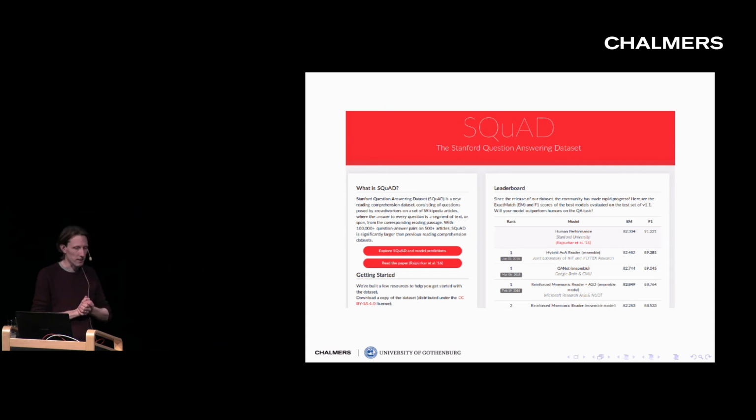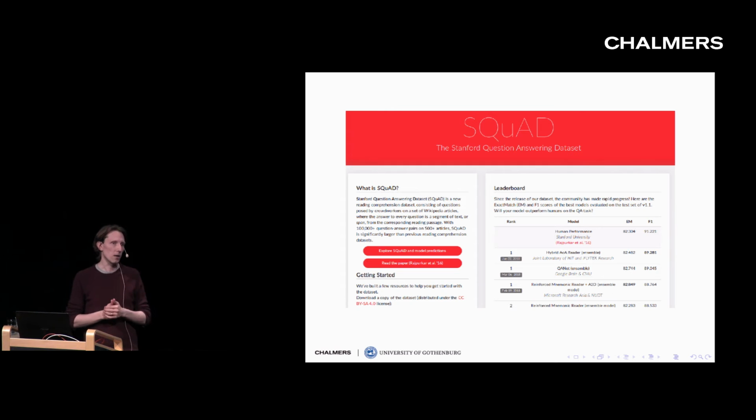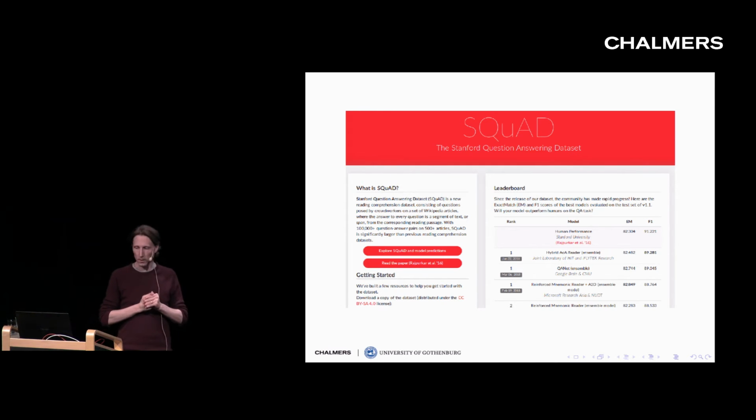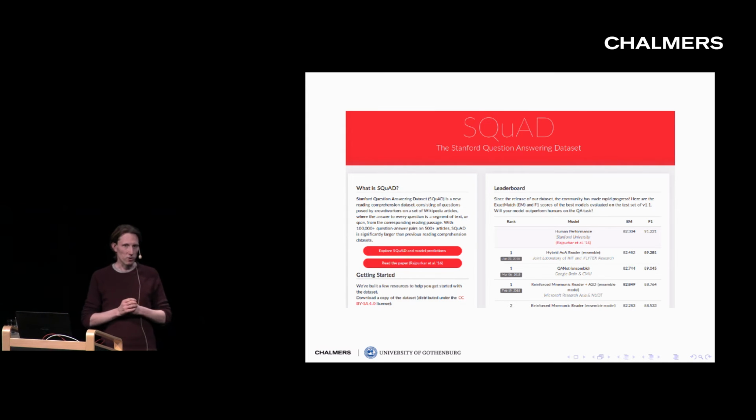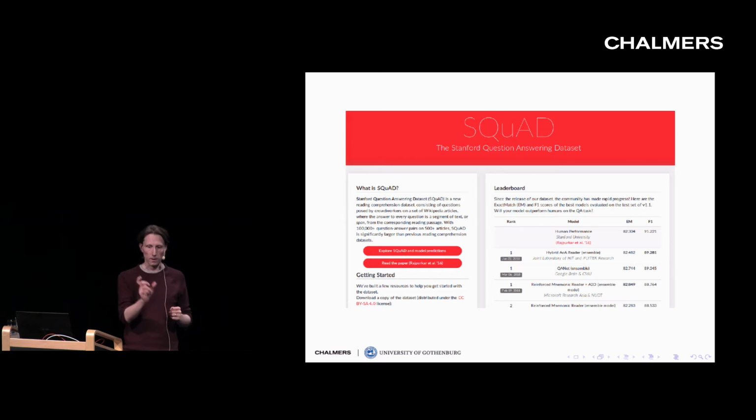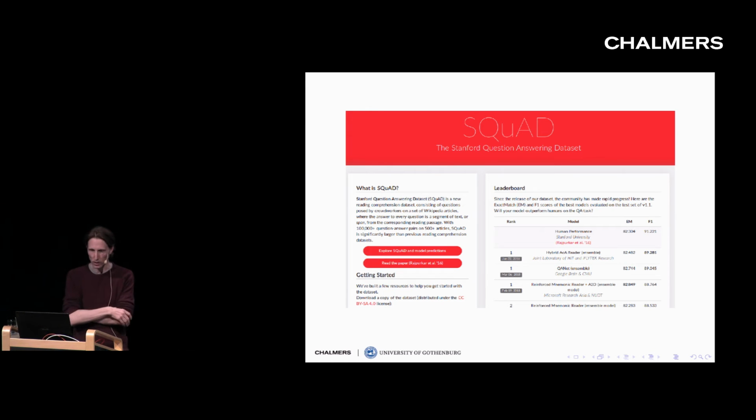Basically we have a bunch of Wikipedia articles, and for each article there is some sort of question, and the task of the machine is to try to answer that question by selecting a piece of the text in the Wikipedia article.